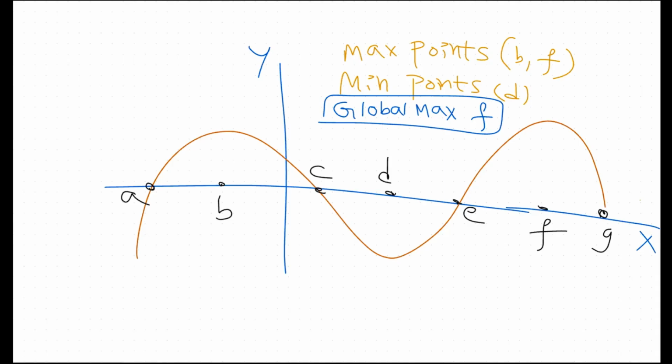All CMs are local maximums, but the global maximum is the PM. Same thing: all highest points are maxima points. Locally they are maximum, but throughout the function, the biggest one will be the global maximum. Got it or not? Clear? That is the next point.